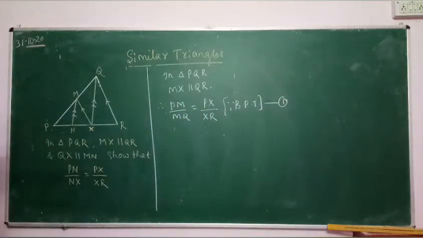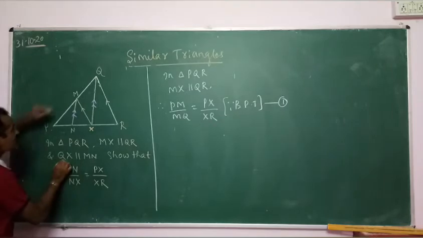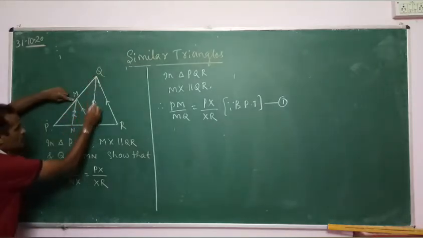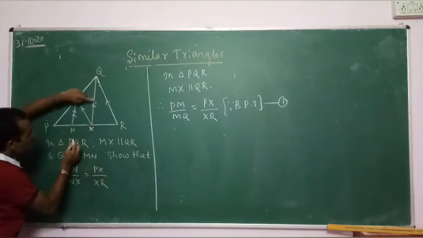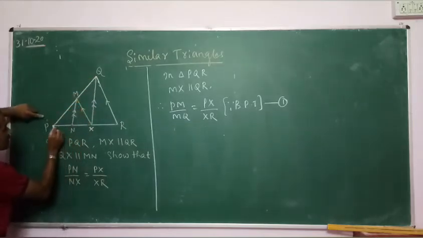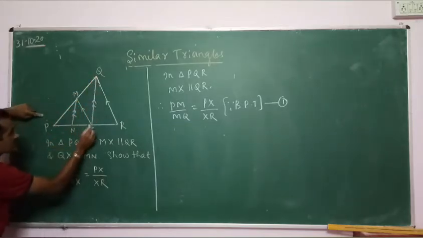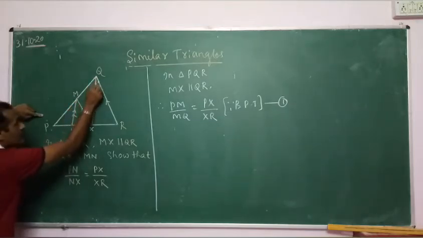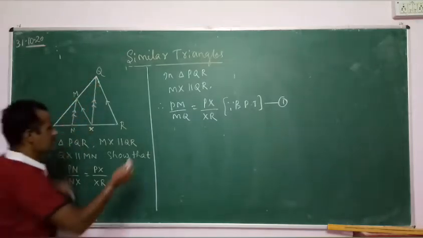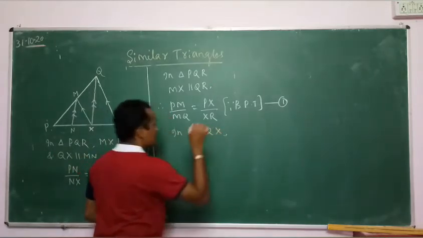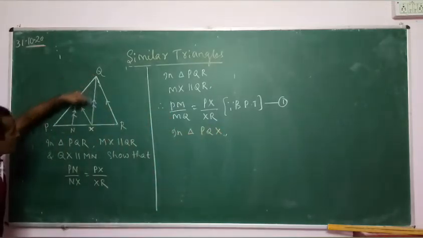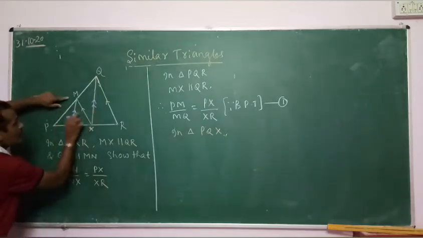चलो दूसरी बात, QX, यहाँ QX and this are parallel. मतलब जब ये दोनों पैरेलल है, कौन सा ट्रायंगल लेना है? PQX लेना है. ये तो ठीक तरह से. In triangle PQX, देखो these two are parallel.